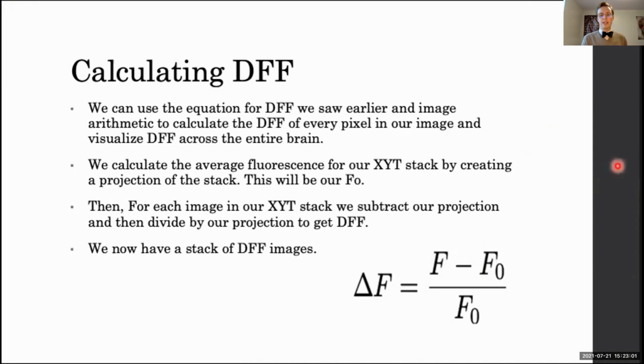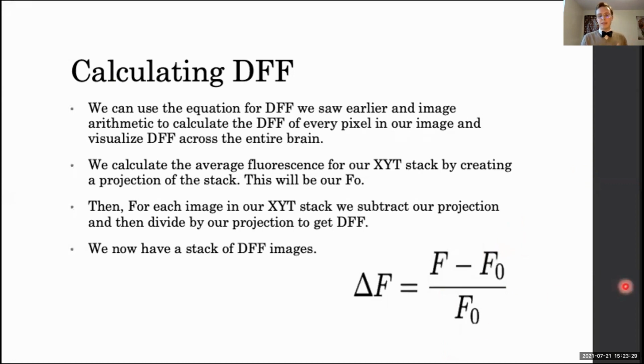We're going to calculate the average fluorescence for our XYT stack by creating a projection of the stack. And a projection basically means that we're taking all of the images in our stack and we're just averaging all of their pixel values together and creating one consensus image, an average image, essentially. And once we have done this, this will be our F0 term.